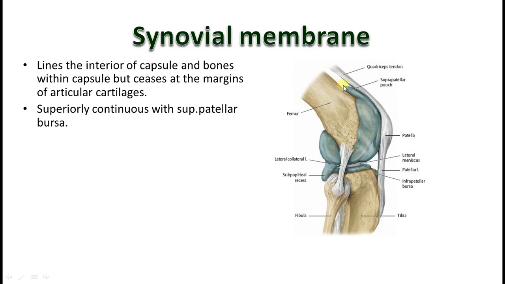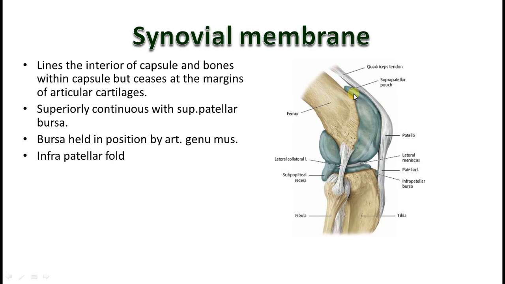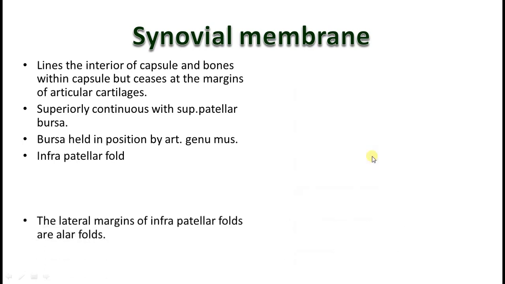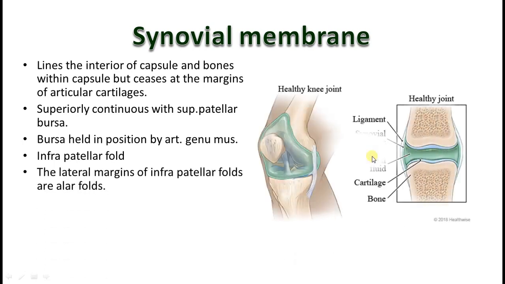The suprapatellar bursa is prevented from getting stuck inside the joint between the bones by the articularis genu muscle. Then you also have an infrapatellar fold of synovial membrane.